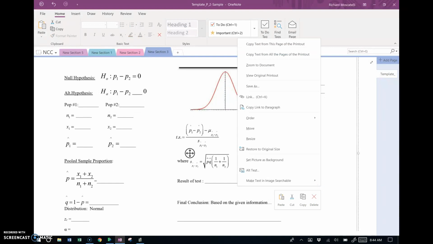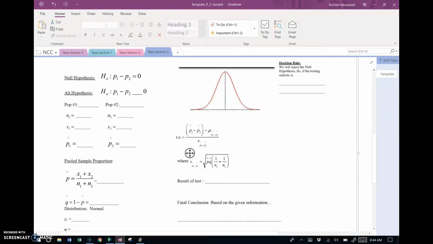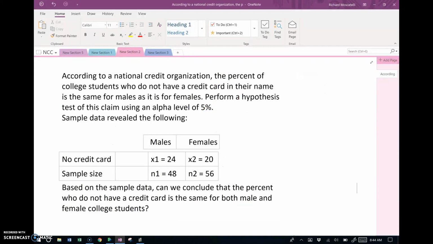Whether you fill out this template or not is really up to you. I created all these templates to help you organize your thoughts. So for now, let's start filling it out a little bit, and then we'll see what we come up with in terms of running the test in JMP, because you could just run the test in JMP if you'd like. I'm going to use the template for now, and then we'll go to JMP and fill in the relevant information.